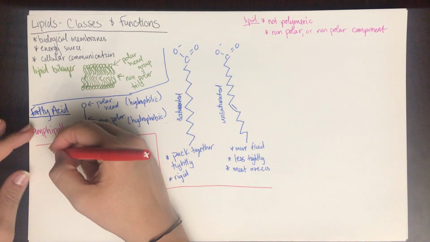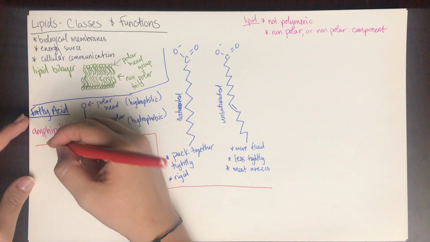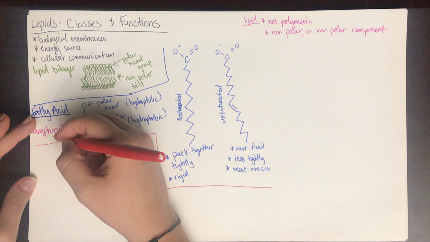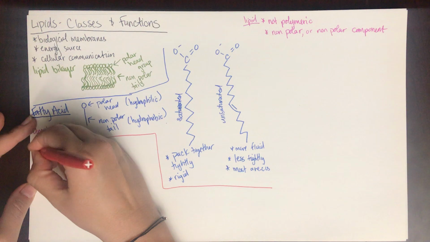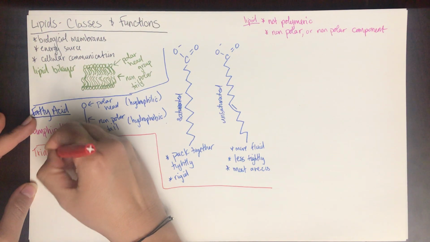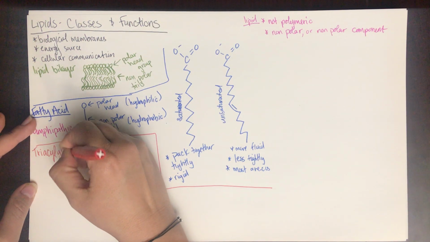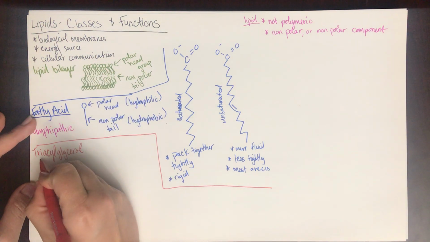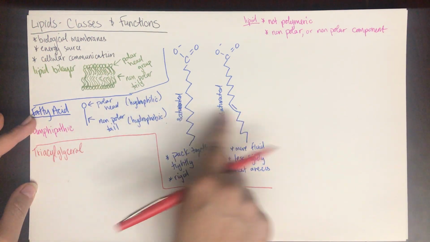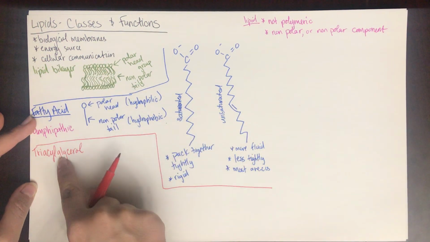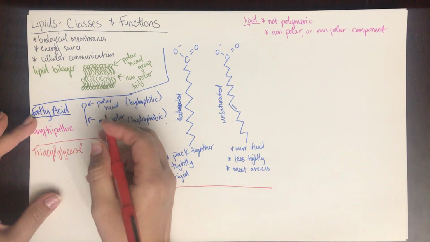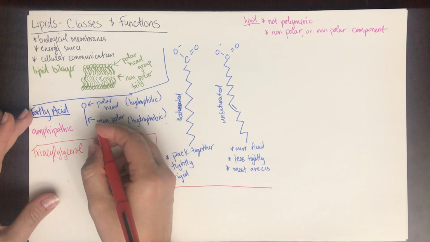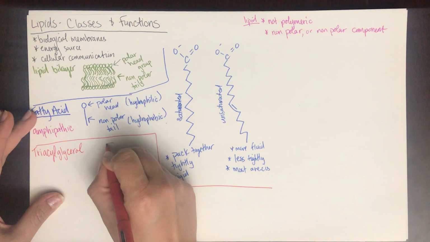Okay, so here's the next class. It's called a triacyl glycerol. You might also hear it called a triglyceride. Tri means 3, acyl are these chains, and a glycerol. So a triacyl glycerol looks kind of like this.